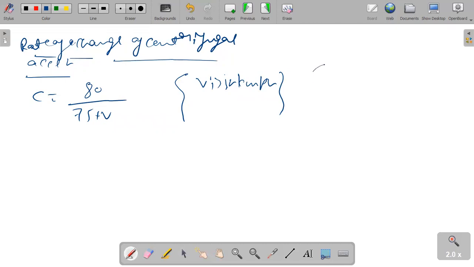The maximum rate of change of centrifugal acceleration is 0.8 and the minimum is 0.5.